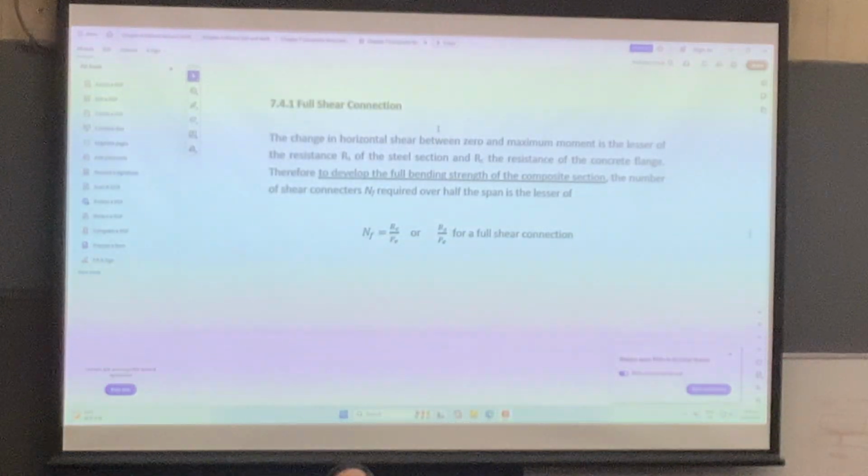So in the case RS is larger than RC, then of course on the top is RC. Okay.